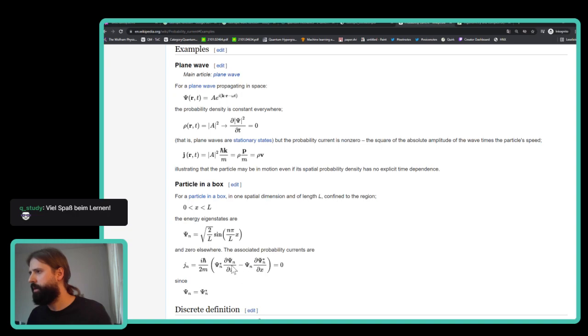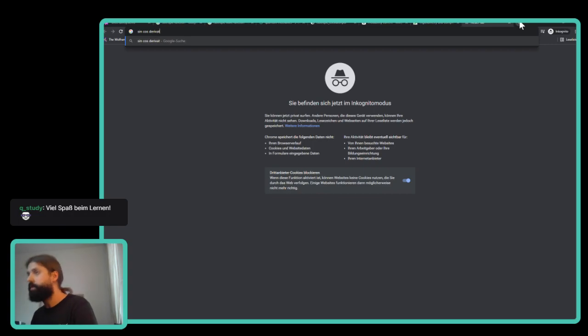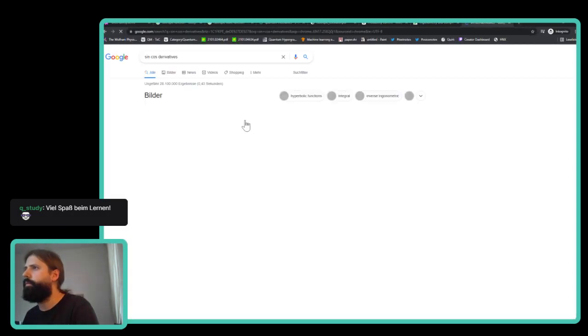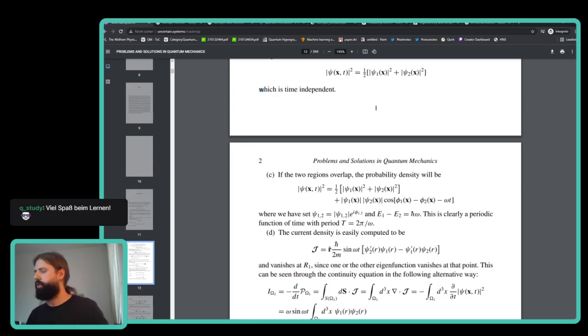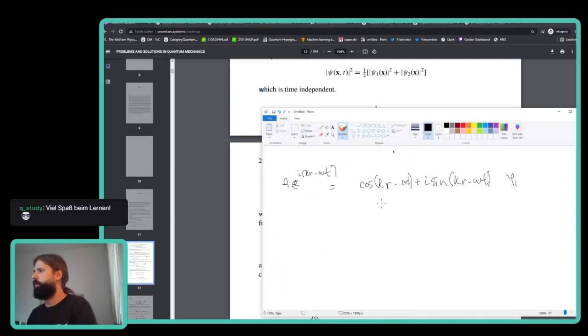Let's just compute one of these. The derivative of sine is cosine and the derivative of cosine is minus sine.